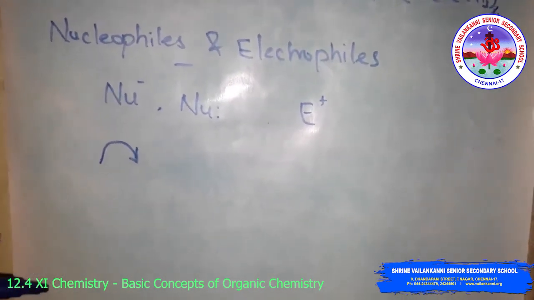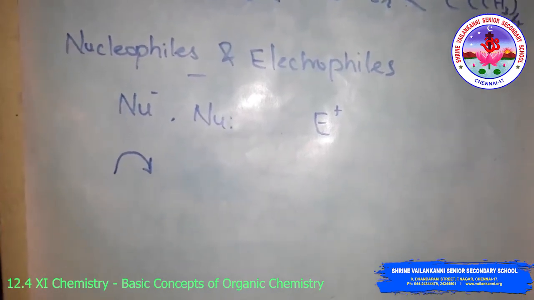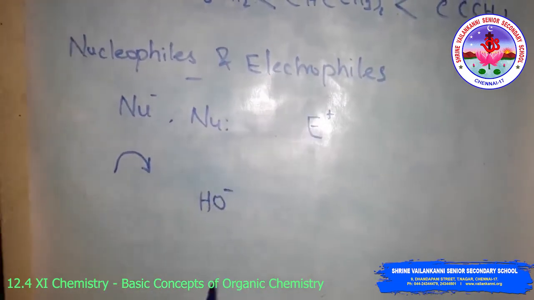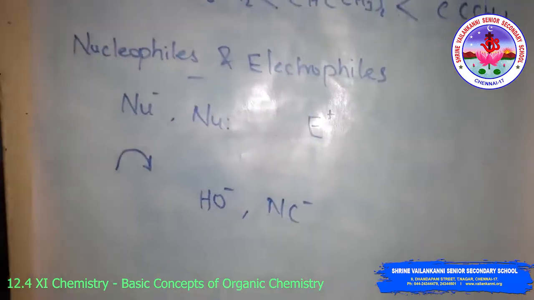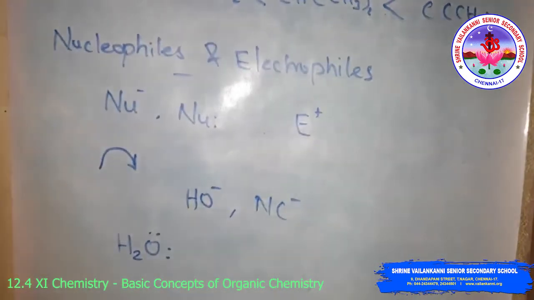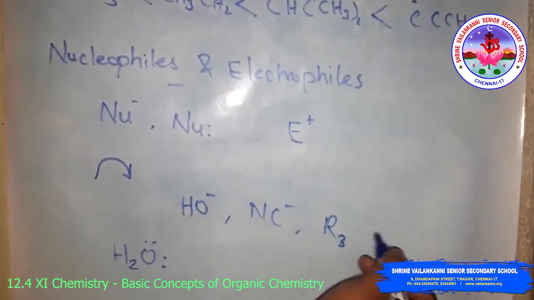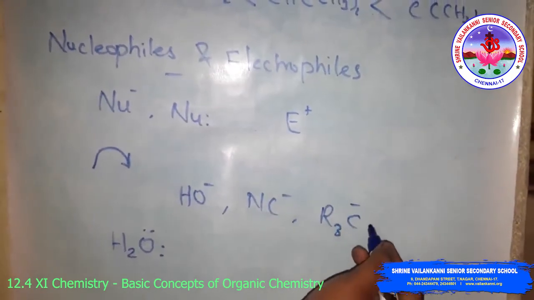Some examples of nucleophiles are negatively charged ions with a lone pair of electrons, that is hydroxide ion, HO minus, cyanide ion, then alkyl carbanions like R3C minus.